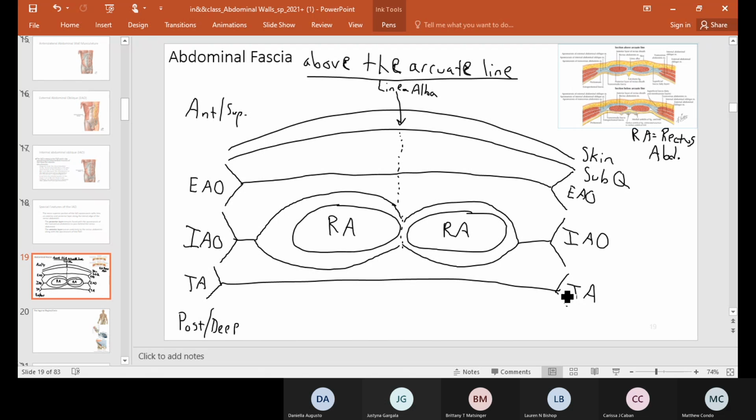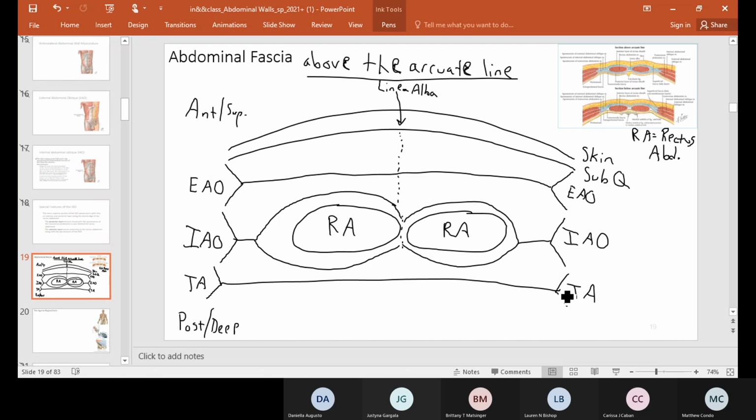So essentially, if you can kind of imagine, this is going to be a really weird example. Imagine rectus abdominis being a French baguette. You know how you go to Panera and they wrap pieces of paper around the French baguette? Imagine one layer of paper coming over, and that's EAO.